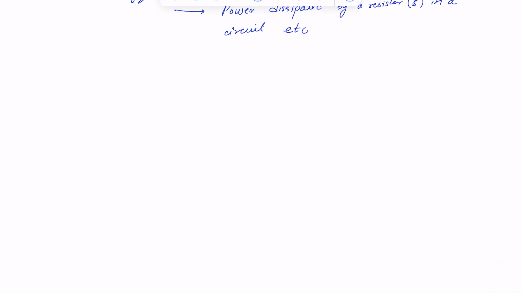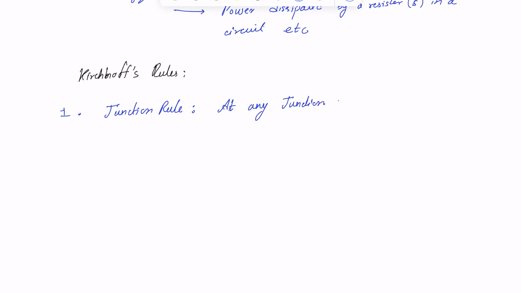Kirchhoff's, it's single O and double F apostrophe S rules, right? The first rule is called the junction rule, which says that at any junction, summation of the current equals 0.